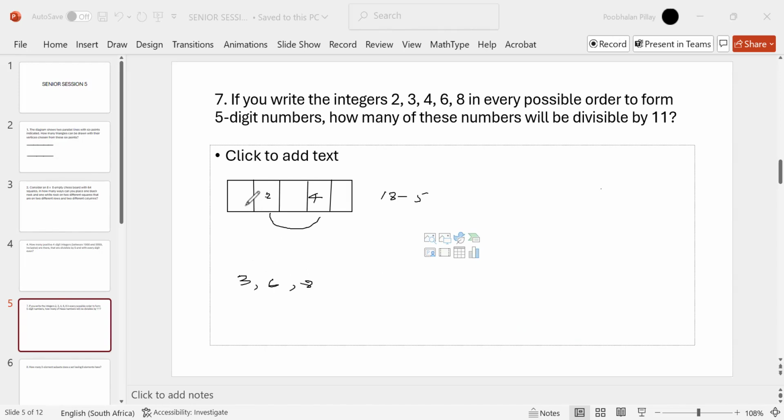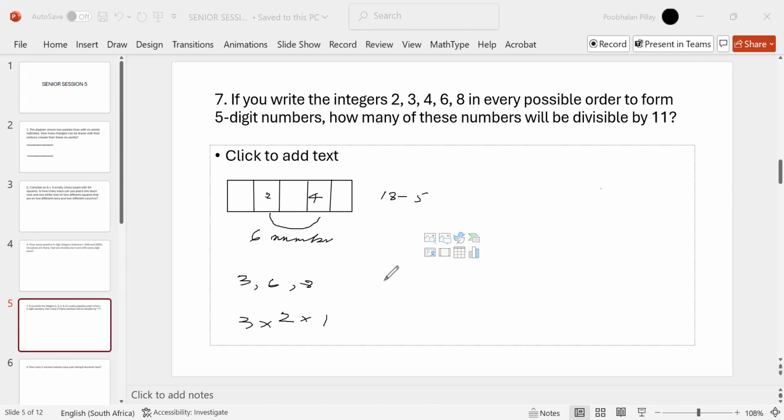You can choose this one here, 3 or 6 or 8. Once you choose this, you're not allowed to choose that number again. So the second number can be chosen in 2 ways. And once you choose those 2, then you only have 1 left. So altogether, there are 6 numbers in the slot here. Right?